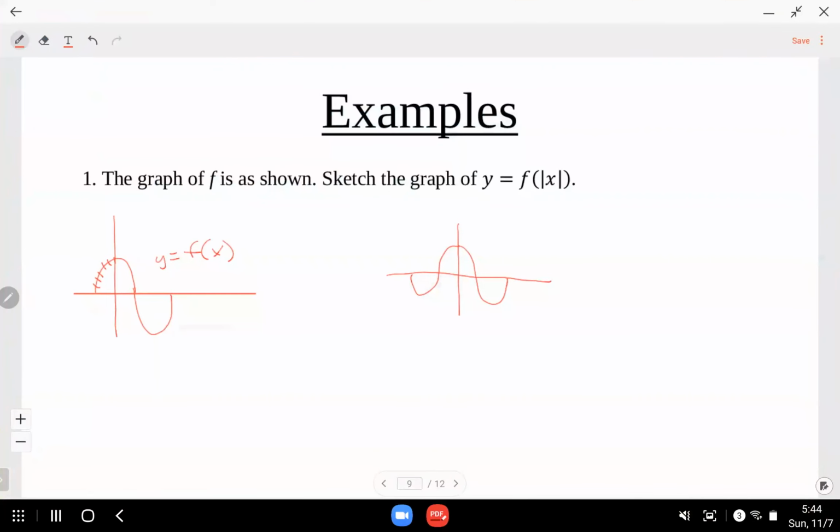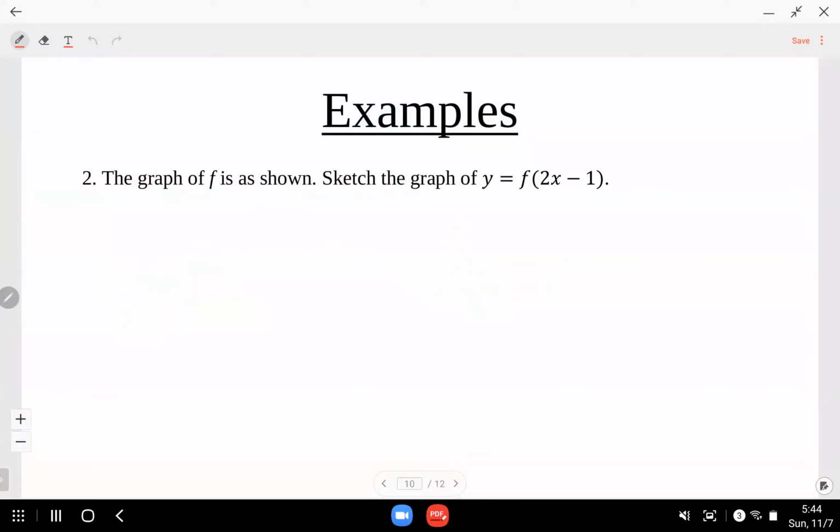Okay, so next problem. The graph of f is as shown. Sketch the graph of y equals f of 2x minus 1. All right, so how are we going to do this? First, we have to determine the domain, right?